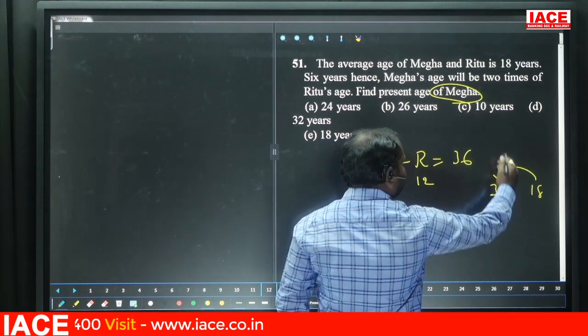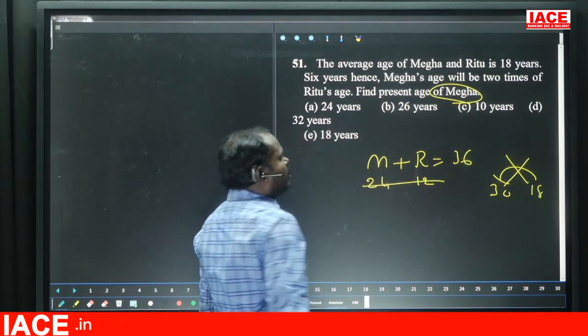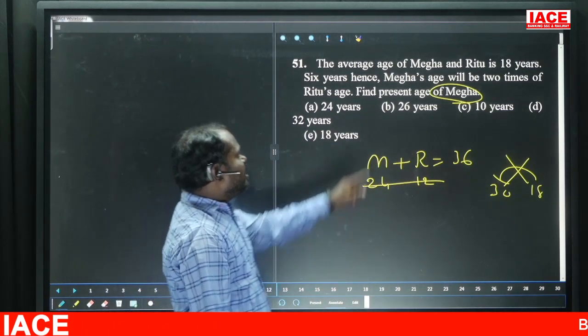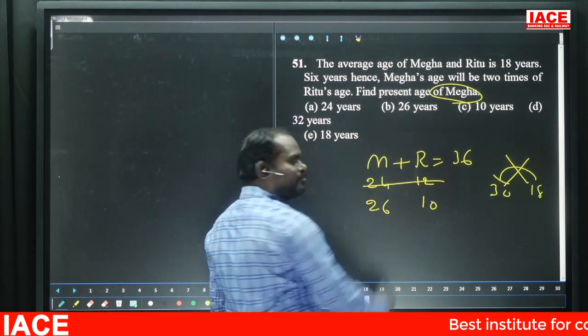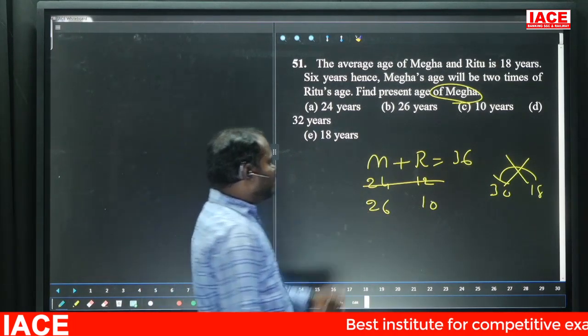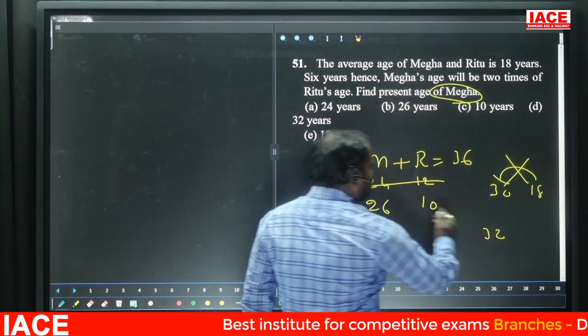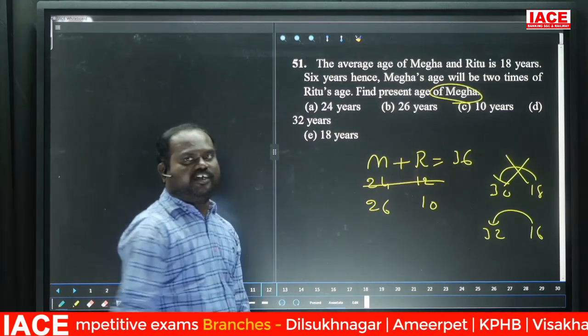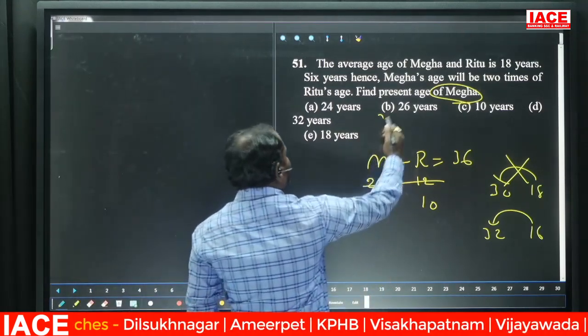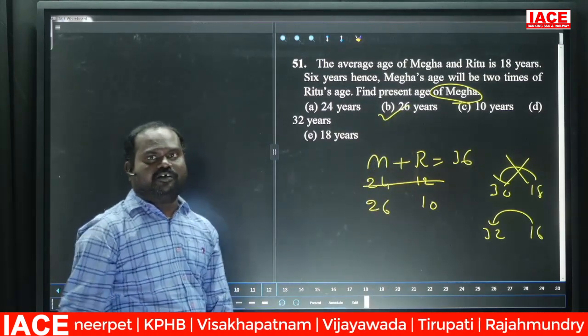It is not 2 times, so not suitable. Go for the next option. If Megha is 26, Ritu will be 10. After 6 years, 26 plus 6 is 32, 10 plus 6 is 16. 32 is 2 times 16, so clearly satisfying the condition. So obviously, option B. Option B is the answer.